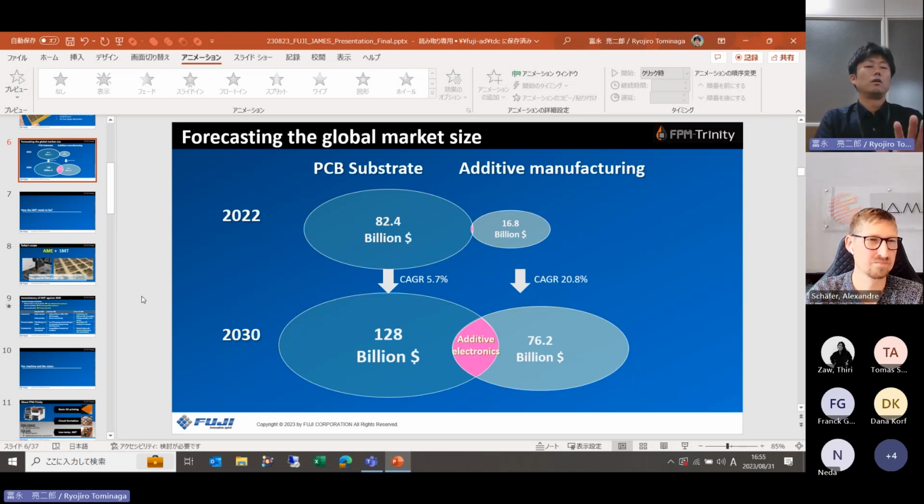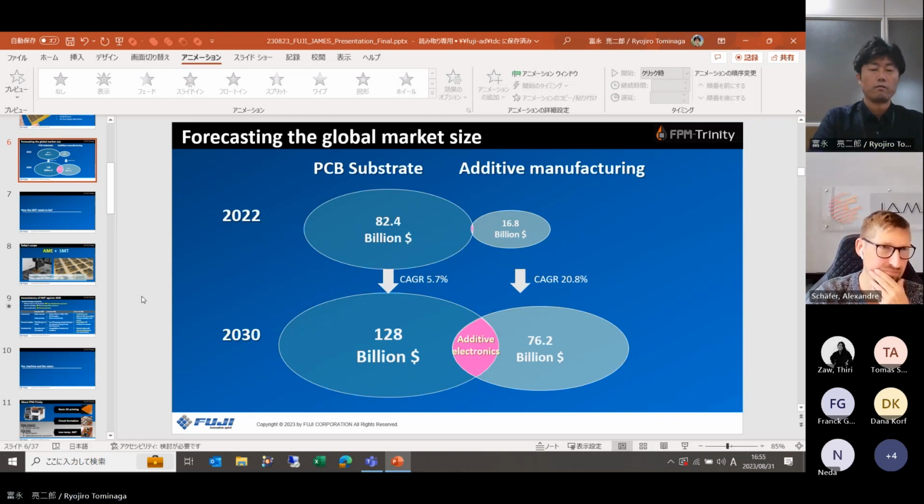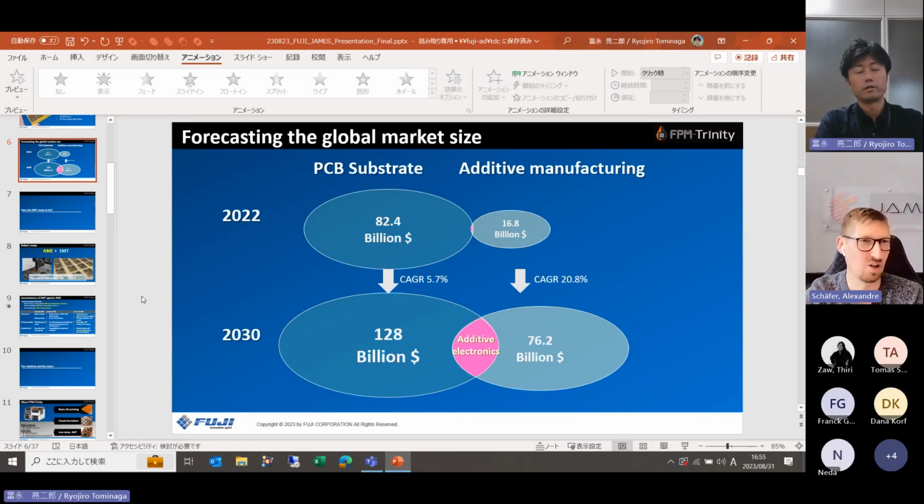Today's machine is not for high volume manufacturing, but next, we can consider extending the technology in that direction. Okay, this will then be the next or the over next step in the development of the machine.